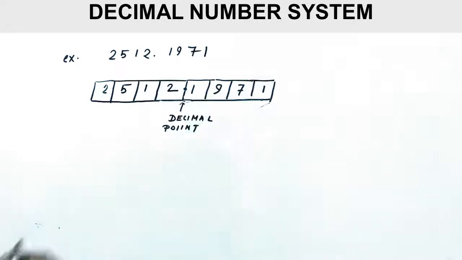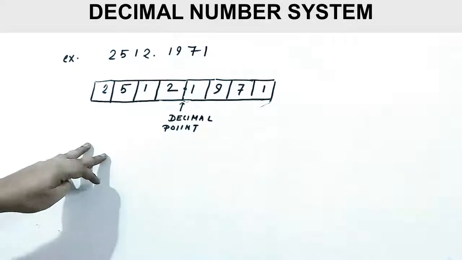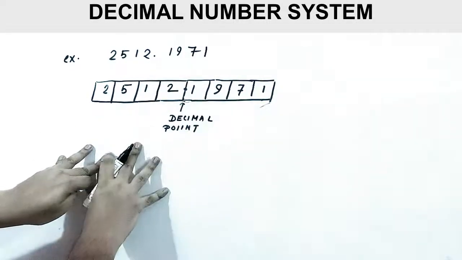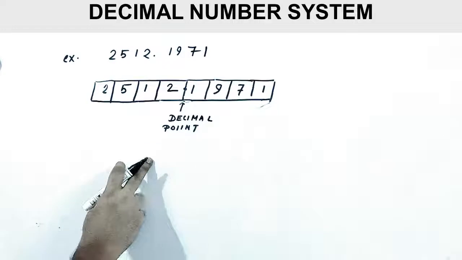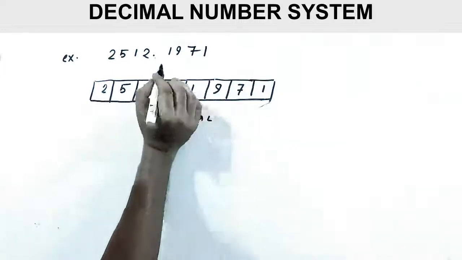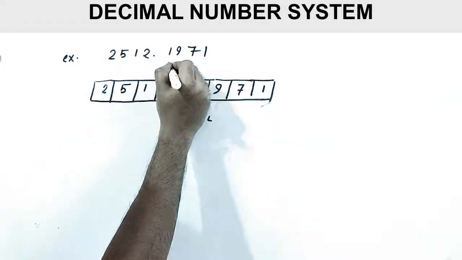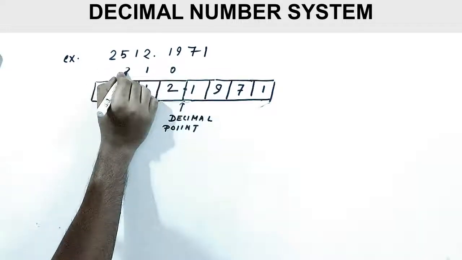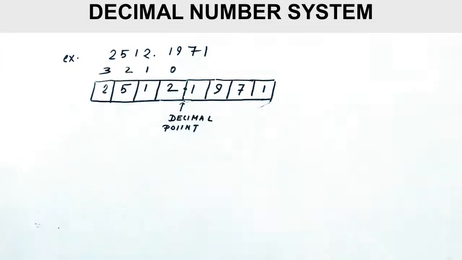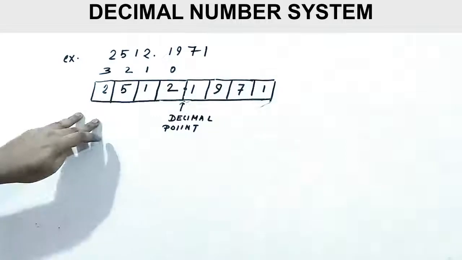Okay. So how can you allocate the position? On the left side of the decimal point, you start allocating positions from 0 onwards. So it will be 0, 1, 2, 3. As there are no more numbers, we stop at 3.